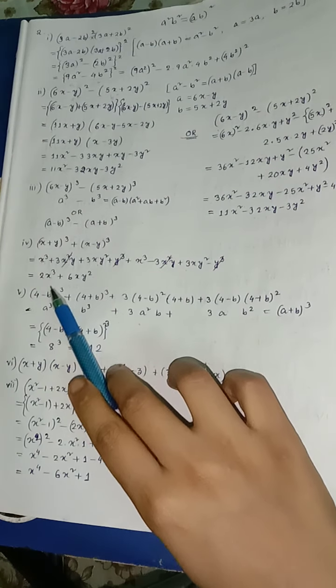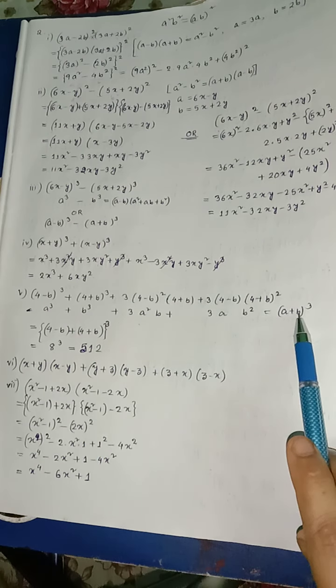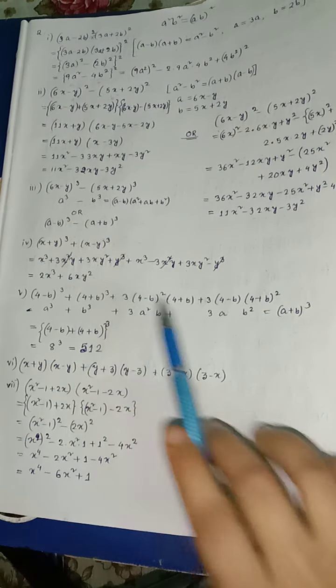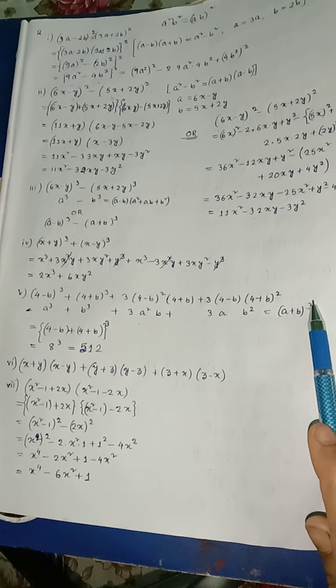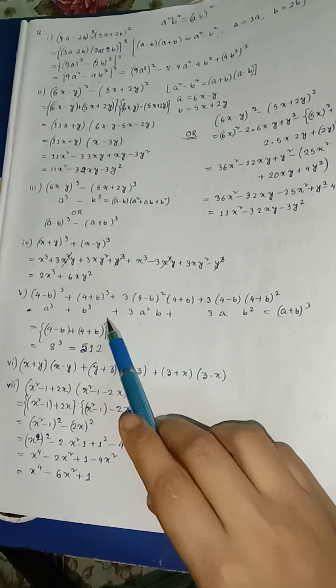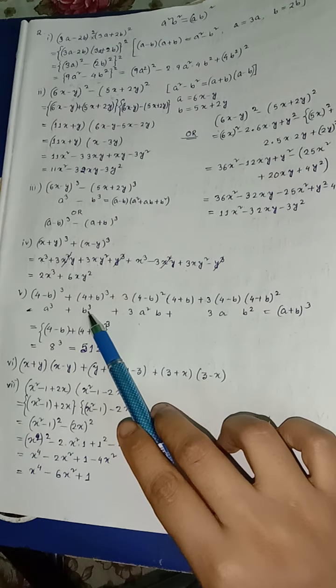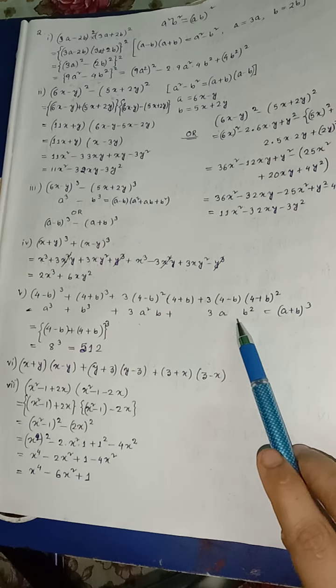So in place of a, 4 minus b is given, and in place of b, 4 plus b is given. So in place of a plus b whole cube, I have to write (4 minus b plus 4 plus b) whole cube.